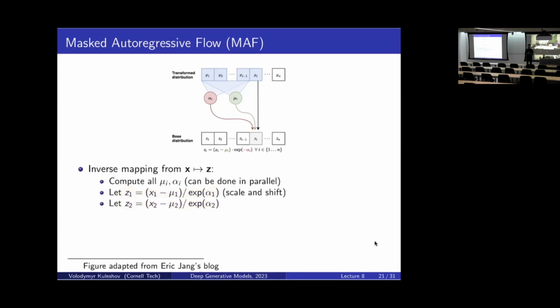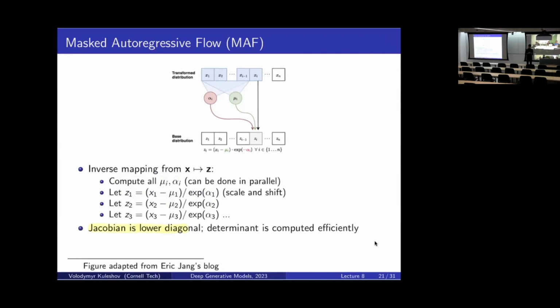Same thing for z2, because we know mu2 and alpha2, which we computed here in the first step. We just again apply a scale and shift, and all of these steps can be done in parallel, right? And then, of course, because this is an autoregressive model, for all the same reasons as for the NICE model, the Jacobian is going to be diagonal.